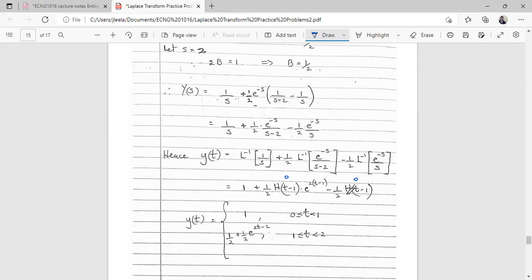So these two terms will drop out, so the function will just be 1. When t is between 1 and 2, this will be 1, and this will be 1. So you'll get 1 plus a half e to the 2(t minus 1), minus a half, and 1 minus a half is a half. So you end up with a half plus a half e to the 2t minus 2.